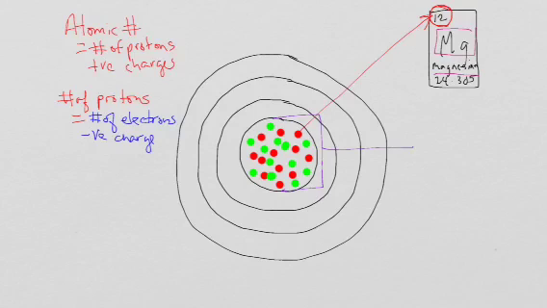Nucleus just means center. So the protons and this elusive other particle that we're going to talk about live in the centermost part of the atom. Here's my nucleus. Now, my electrons live on those outermost rings.